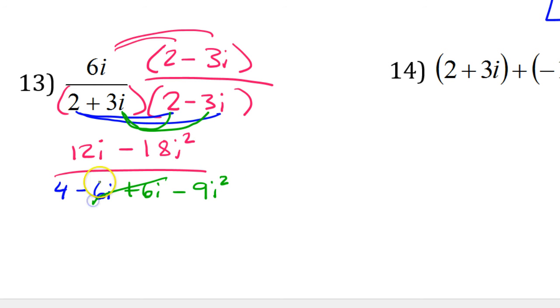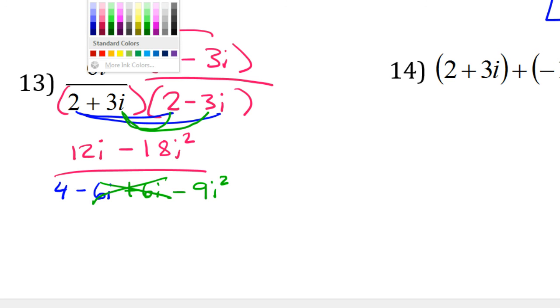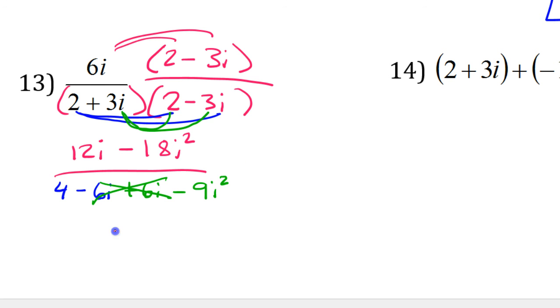Okay, now these are going to cancel each other out. And also, so I've got 4, all right, but i squared is negative 1. So this is negative 9 times negative 1. A negative times negative is a positive, so this is really positive 9.